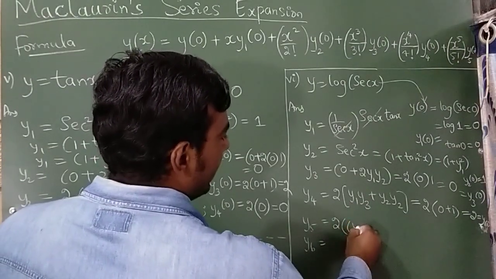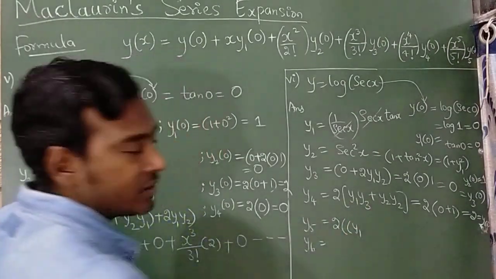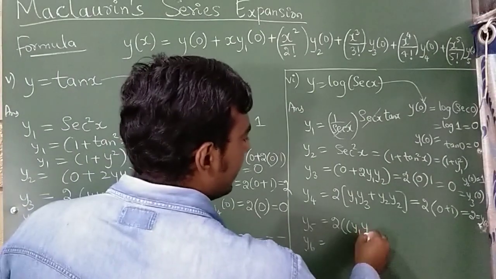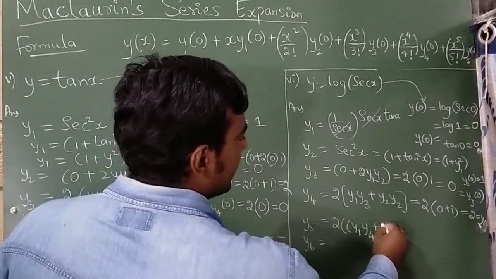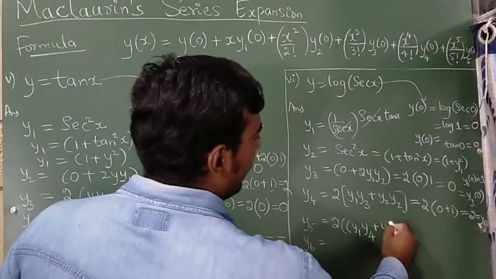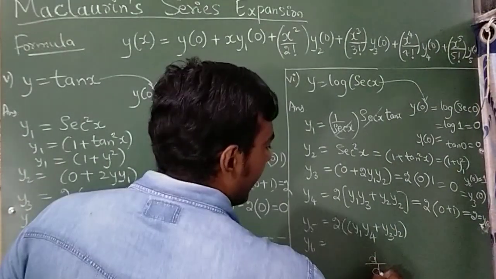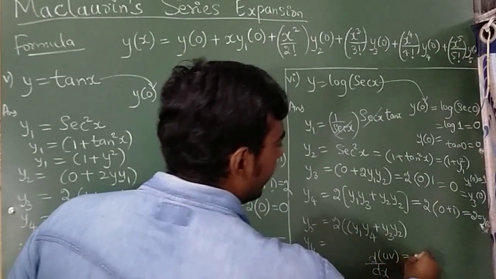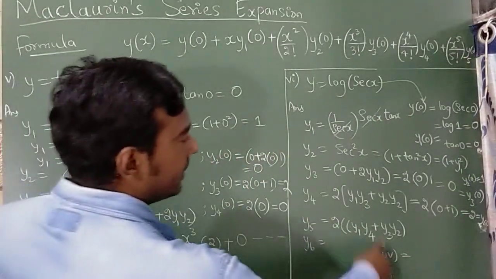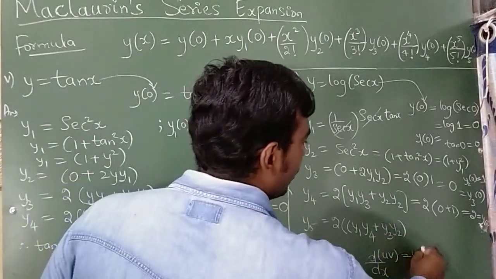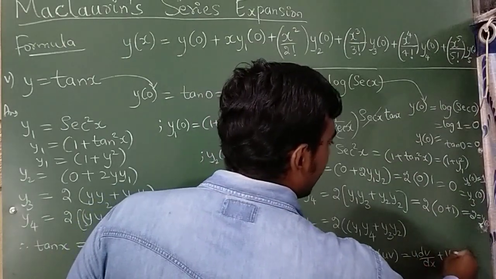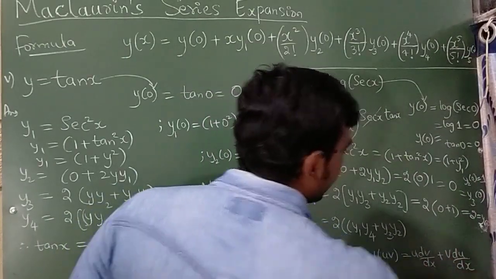Now keep this 2 as it is. Now keep y1. If you differentiate y3, then you will get y4, plus keep y3. Differentiation of y1 is y2. As you know, using the product formula, I am using this formula to differentiate this: u dv by dx plus v du by dx.